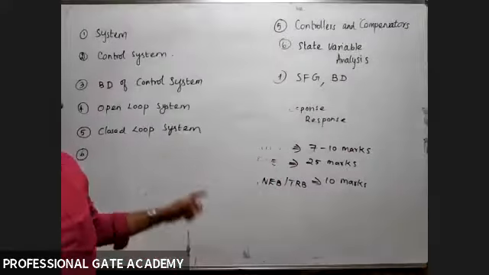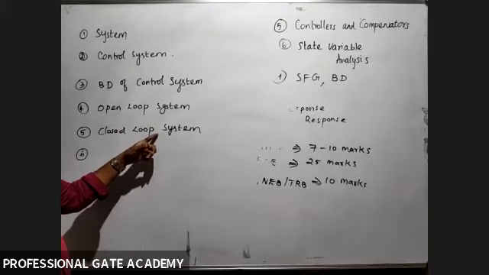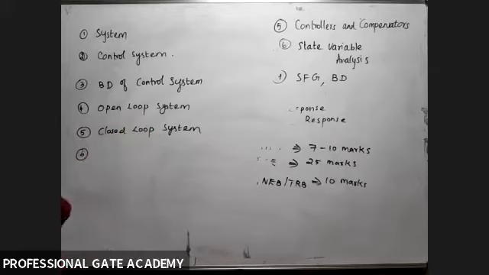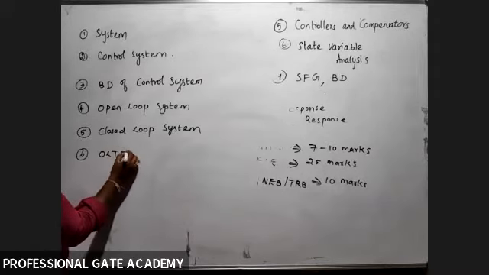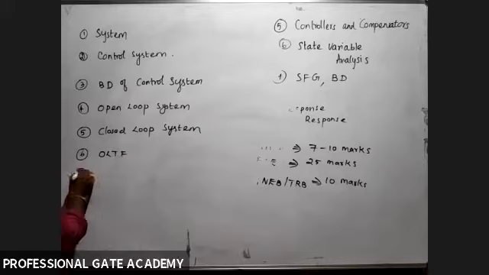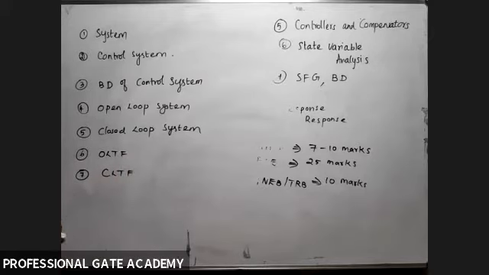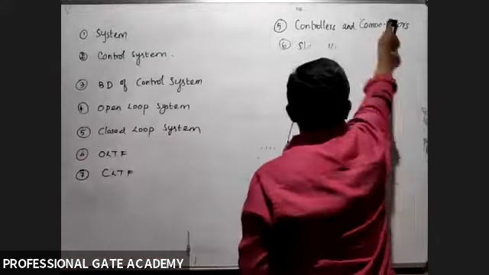So what is the main difference between open loop system and closed loop system? Feedback. Yes, feedback is present in the closed loop system, but there is no feedback in the open loop system. Okay. Next, sixth one, open loop transfer function. Seventh one, closed loop transfer function.